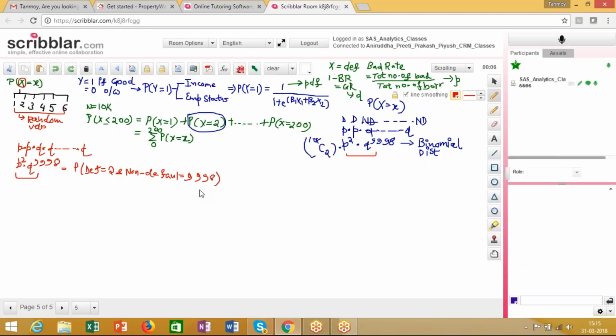So there are two defaults and there are 9,998 non-defaults. Clear?